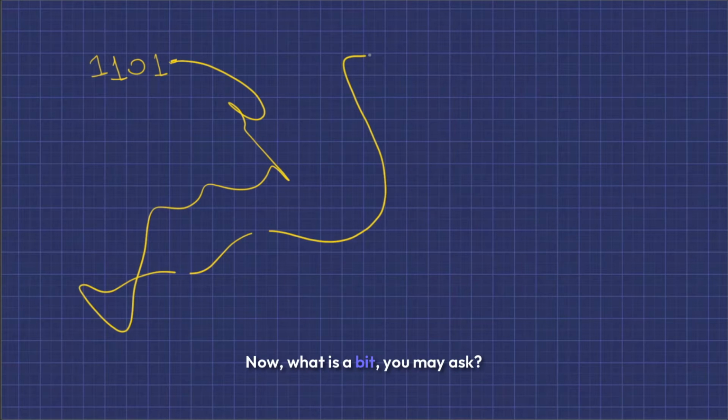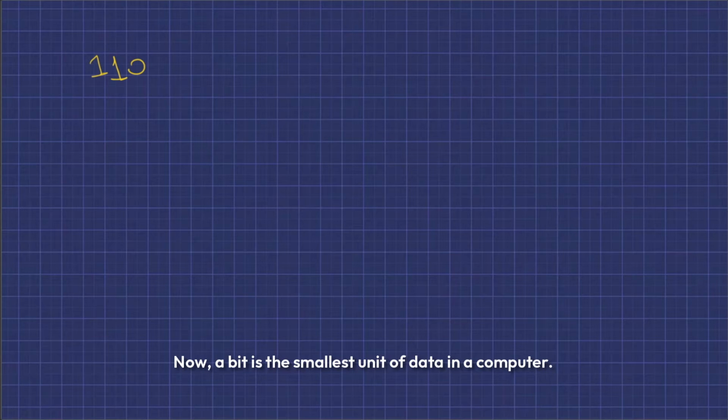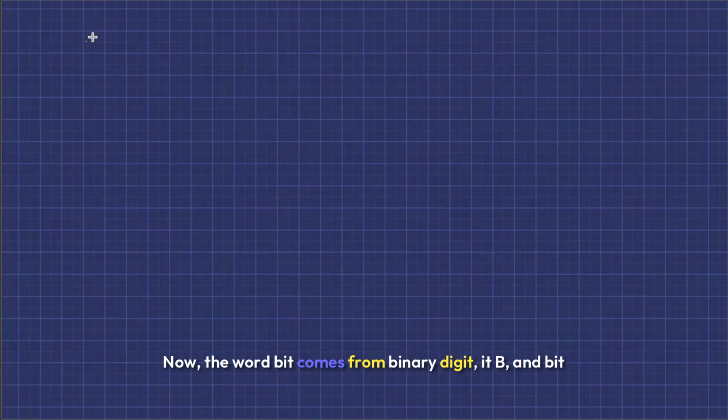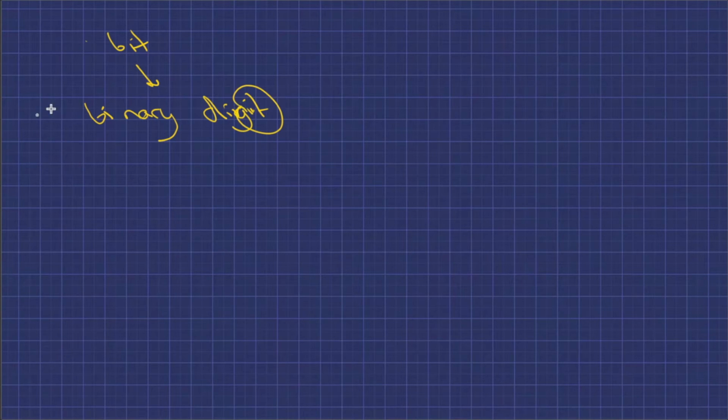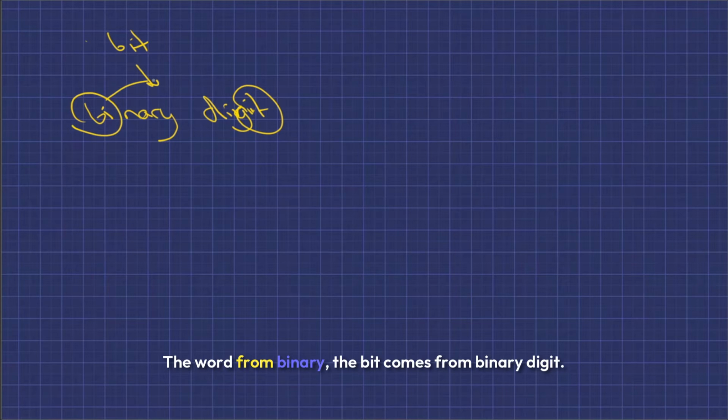Now, what is a bit, you may ask? A bit is the smallest unit of data in a computer. The word bit comes from binary digit.